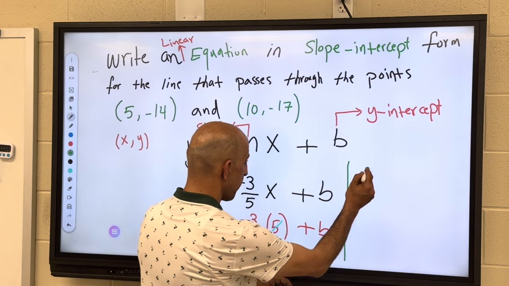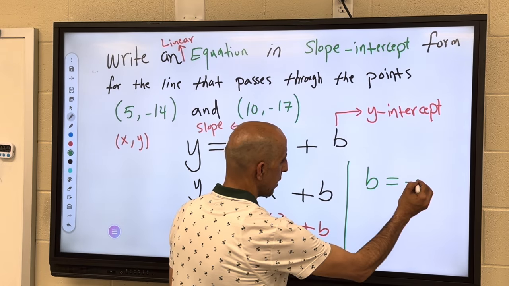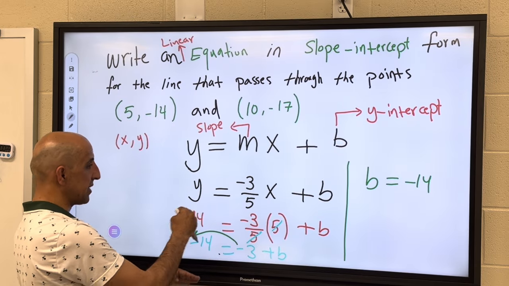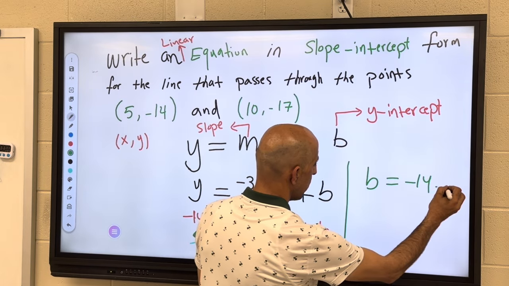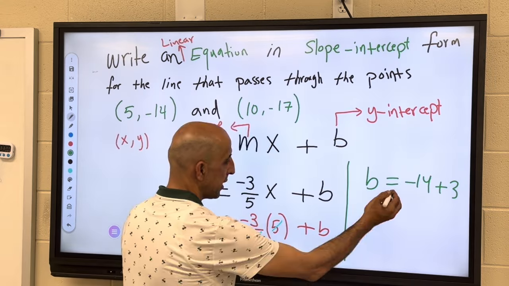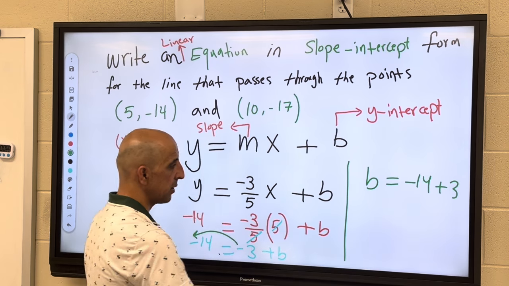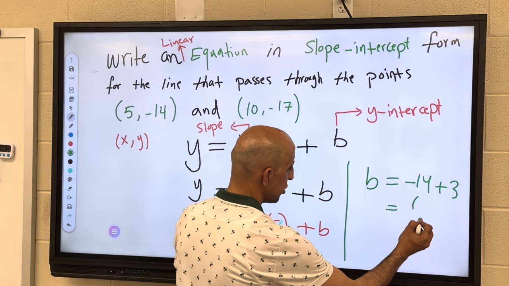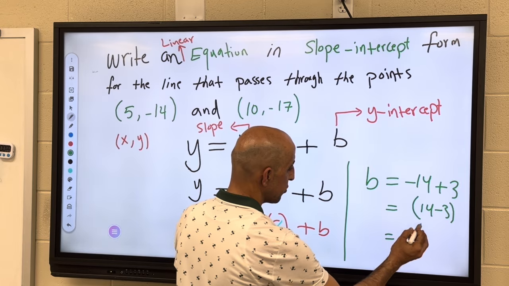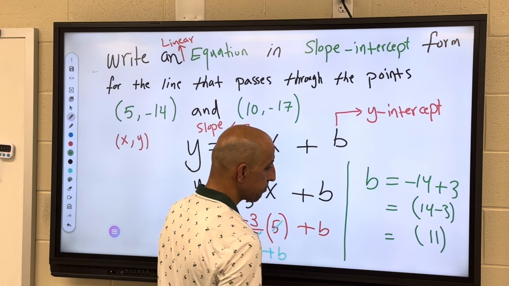So we end up with b equal to negative 14. When we move the negative 3, it's the same as adding 3. So we add 3 when we move it to the other side. Now we have a negative number and a positive number, so we can do subtraction. 14 subtract 3 is equal to 11.